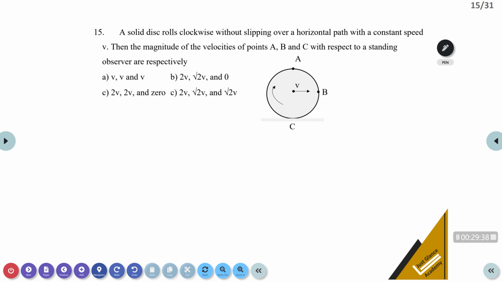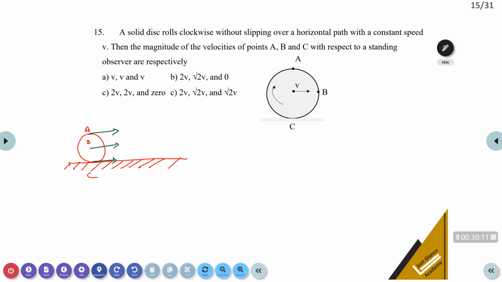Listen carefully, because I have not solved this point in the regular class either. This is the surface. I will call this point A, this point B, and this point C. When it rolls, it has both translational motion as well as rotational motion.